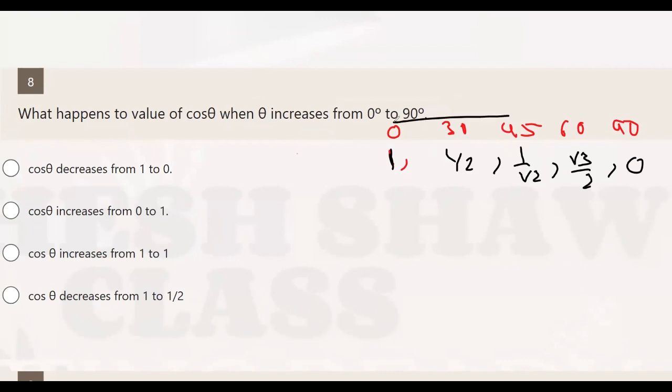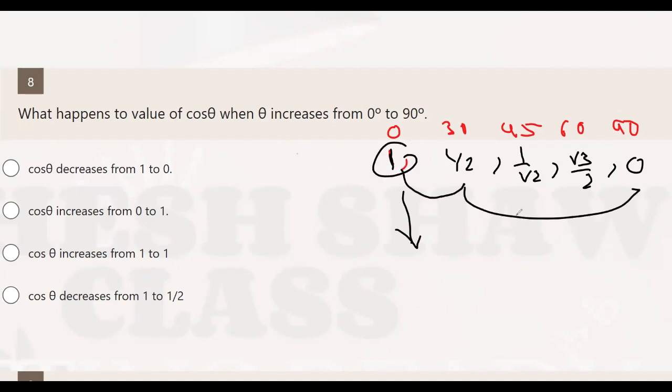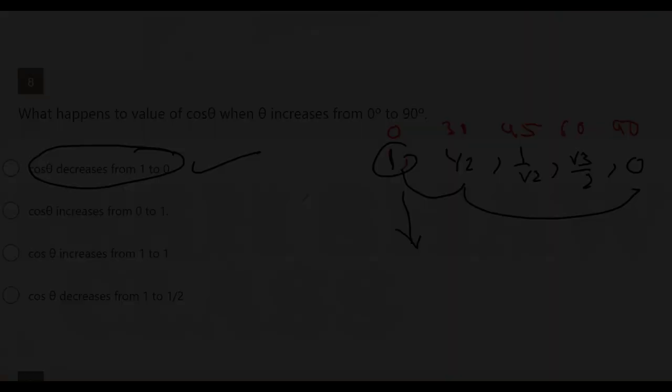So you can see as theta is increasing, the value of cos is decreasing, isn't it? It is decreasing from 1 to 0. So we say that the value of cos theta decreases from 1 to 0. So this is the correct option.